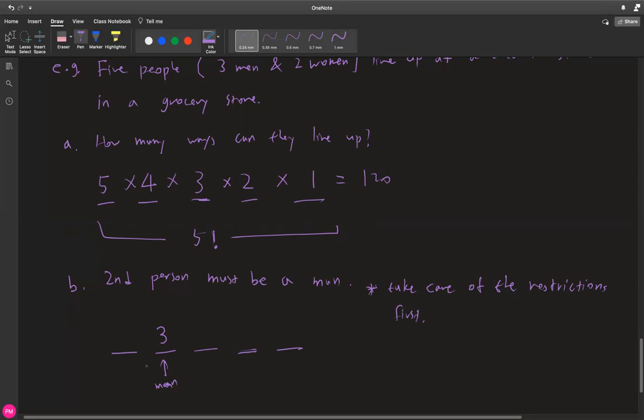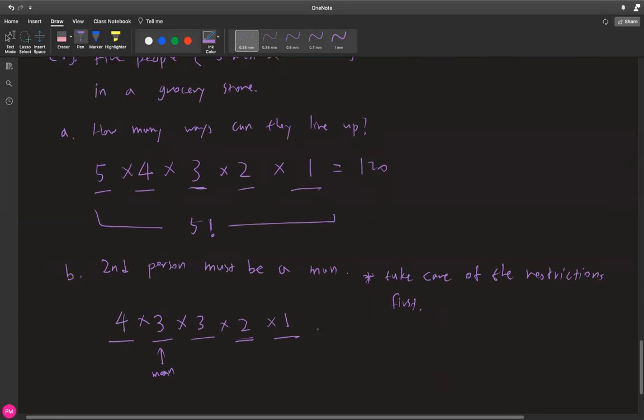After the second place is chosen, now we have 4 different spots and we have 4 different people. So now we have 4 different people for the first, and 3, which is the remainder after the first place is chosen, and 2 and 1. And you simply multiply them all by the multiplication rule, and you now have 72 different ways.